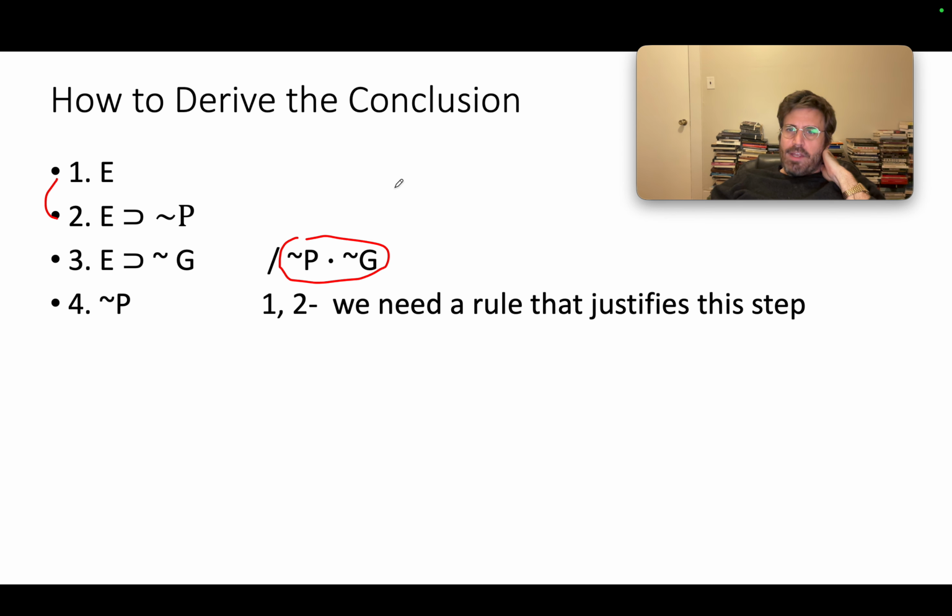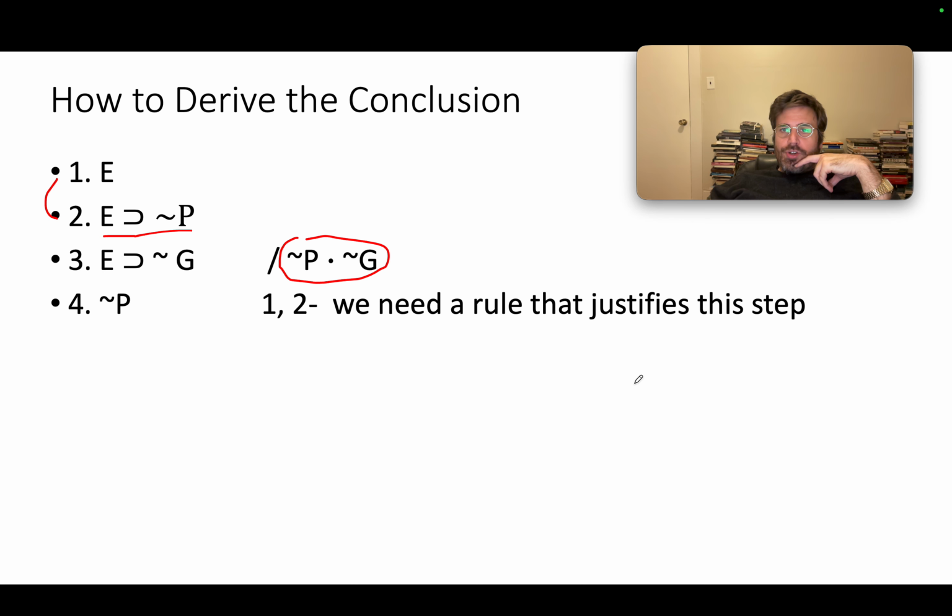Which rule of implication does it, taking not P as a single variable? Okay, take a look, if you're stumped, at line 2, and you'll notice that line 2 is a conditional.